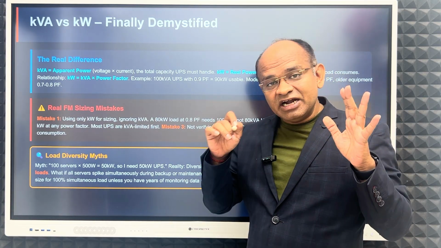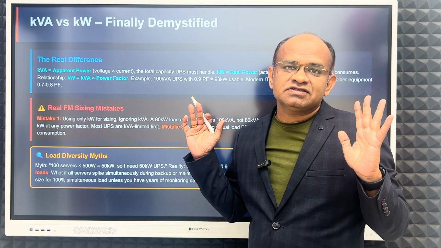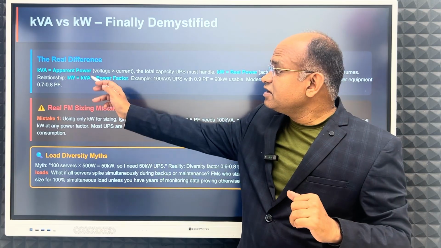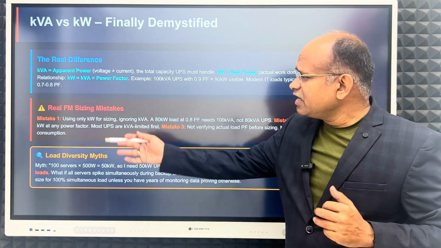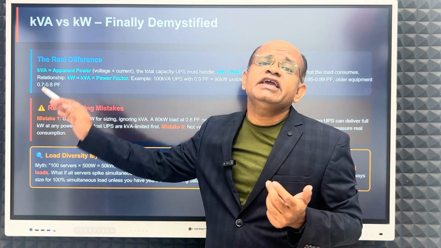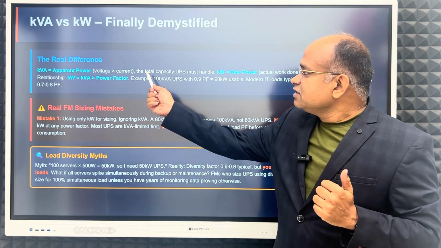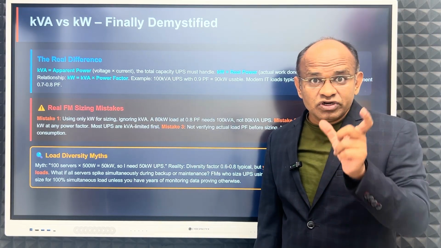If you multiply the voltage and current of any device, you get the kVA, apparent power, or rather VA I will call it. K is kilo, meaning 1000. The total capacity the UPS must handle is in kVA.